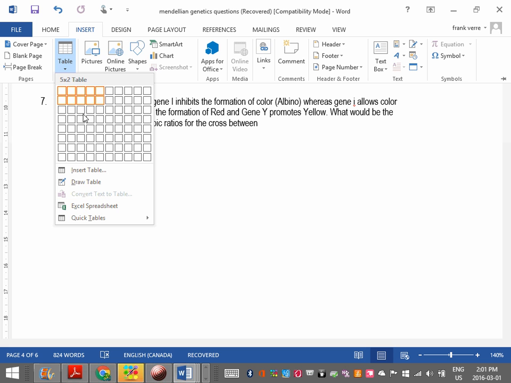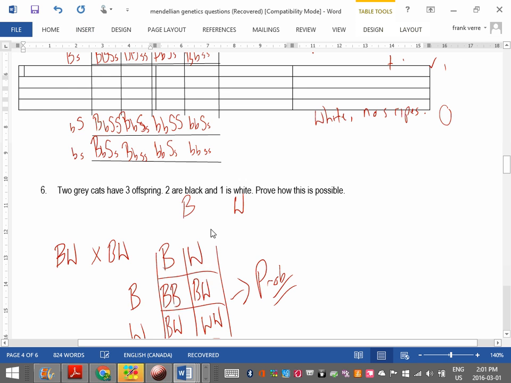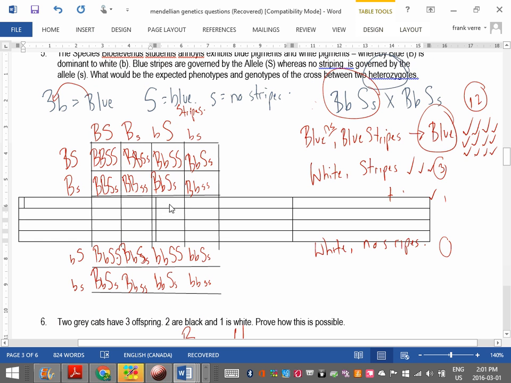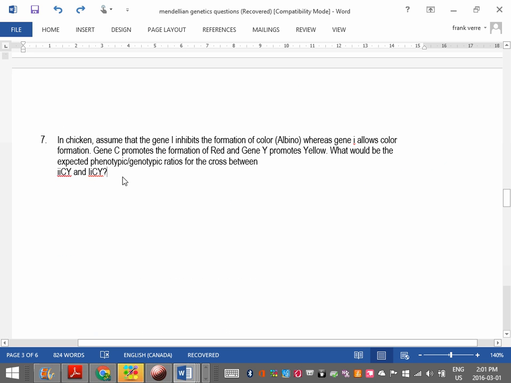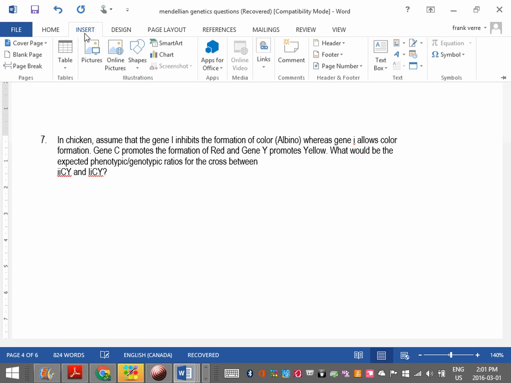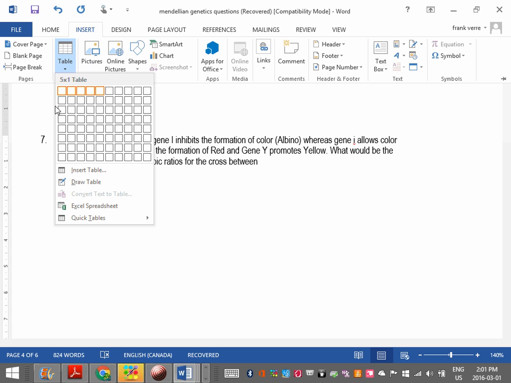Table. Let's do a 4x4 table. And then you ask me, why don't you do tables, sir? No, I think I didn't have my cursor down here, that's why. Just thought I'd rip into you guys.